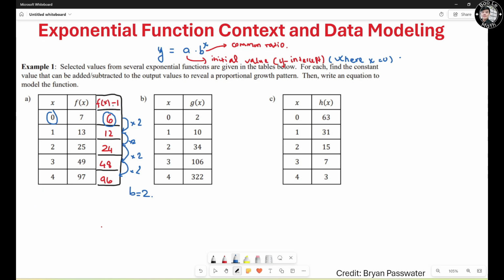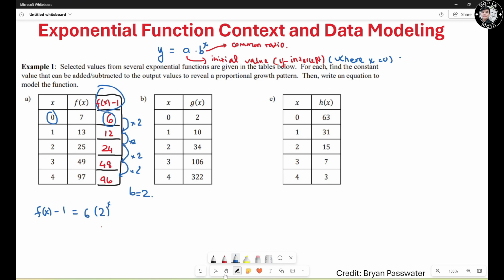The exponential function in this situation is not f of s. It must be f of s minus 1. So we have f of s minus 1 equals a, which is the y-intercept 6, times b, the common ratio 2, raised to the s.